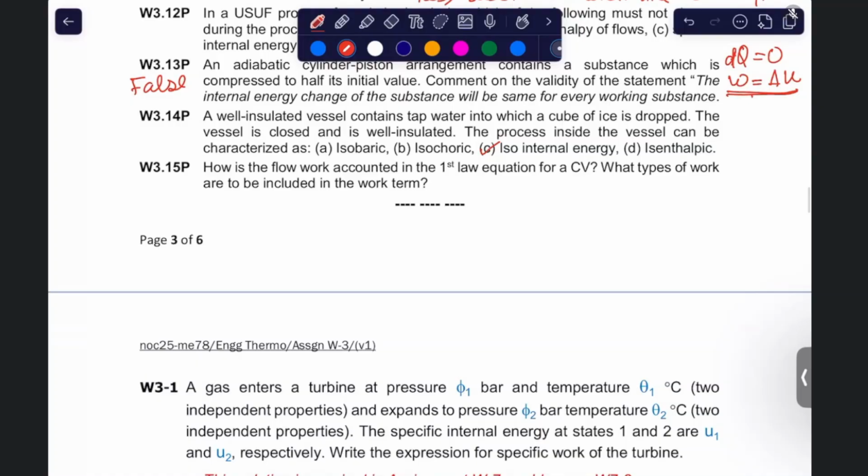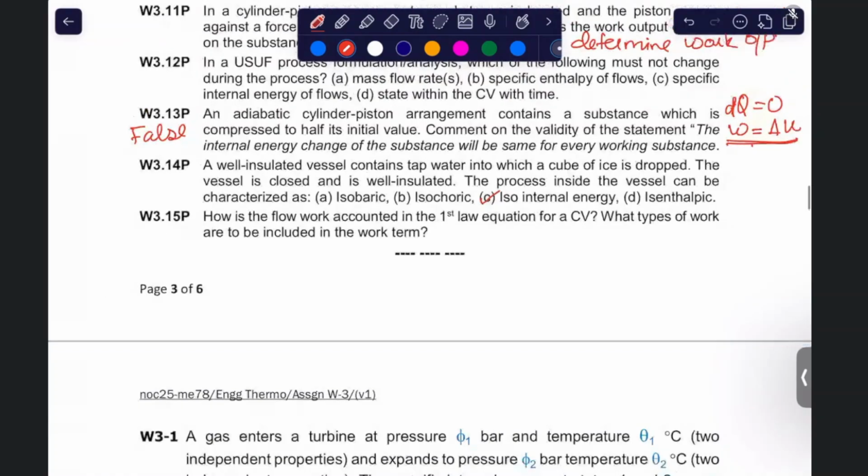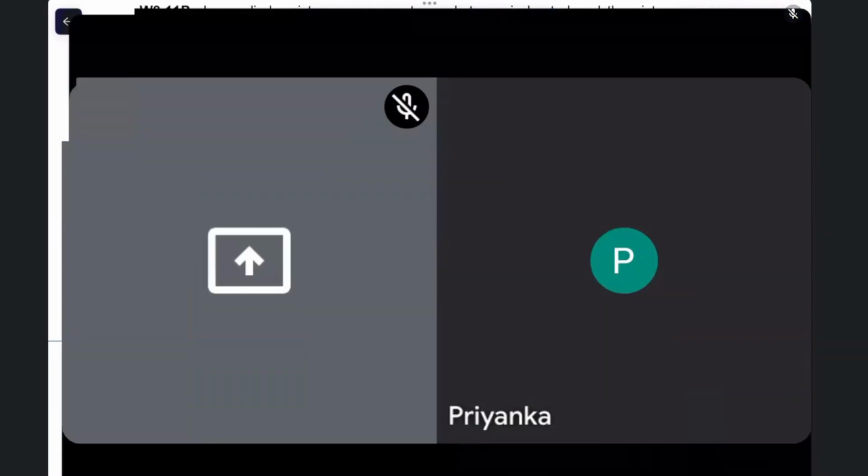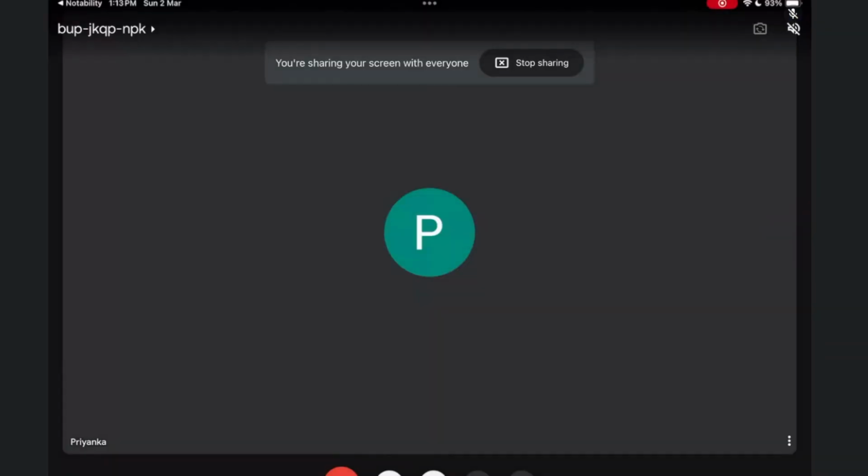Okay. Then 3.15, this is the last question of revision questions.